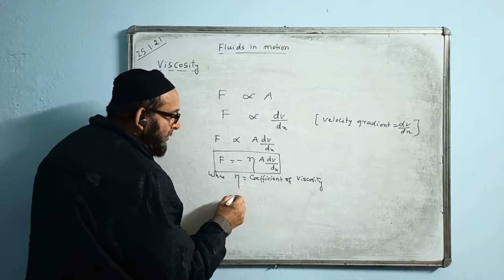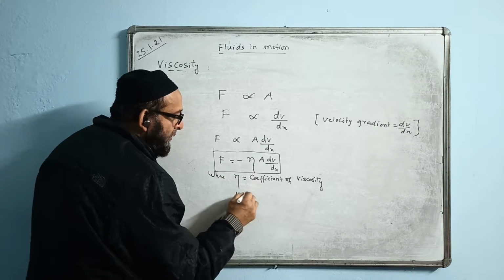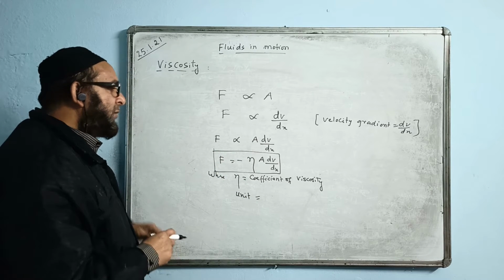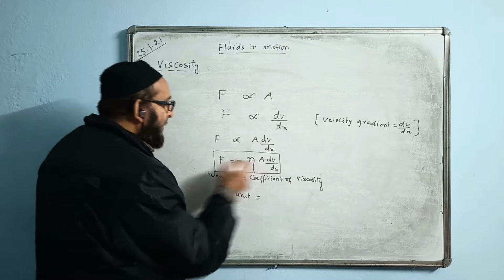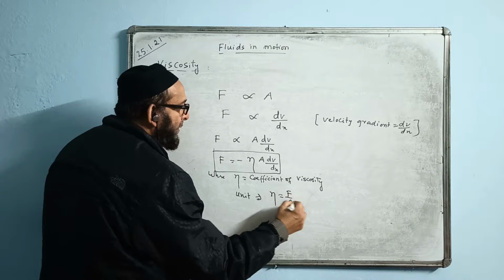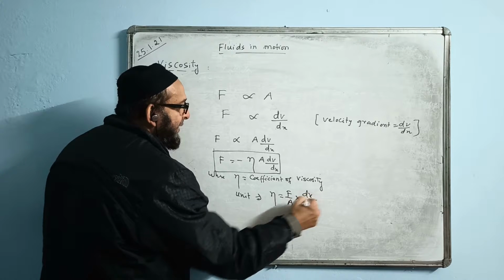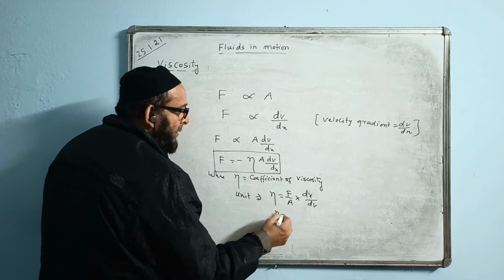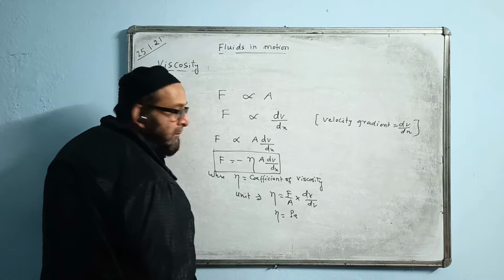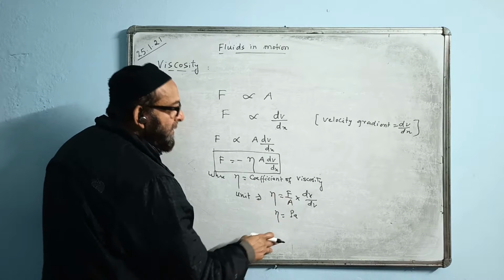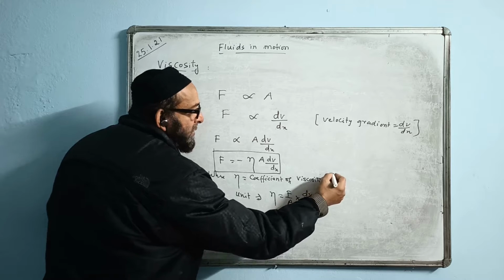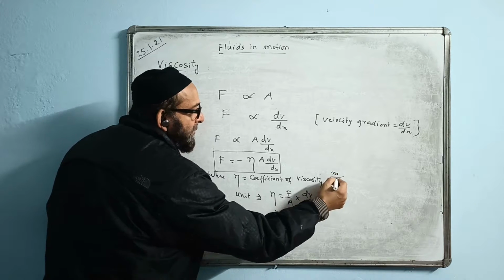Let us find the unit of viscosity. From this equation we can calculate it. If you make eta the subject, the answer will come as F by A into dx by dV. F by A is pressure, so we can write Pascal or Newton per meter square. dx is meter and dV is meter per second.